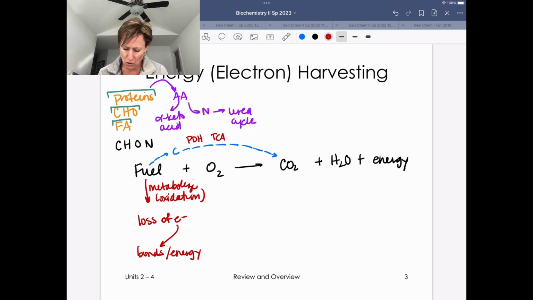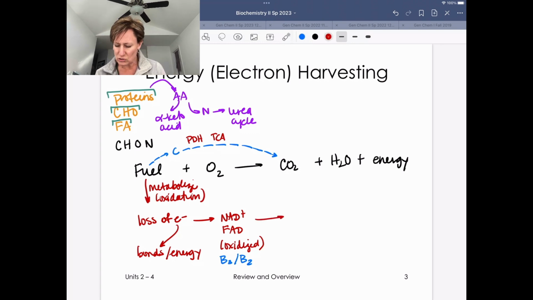those reduced cofactors. So those electrons are going to go to NAD plus and FAD. These are the oxidized forms of those B vitamins, remembering that NAD plus is going to be vitamin B3, FAD is going to be vitamin B2, so just remembering our B vitamins there.